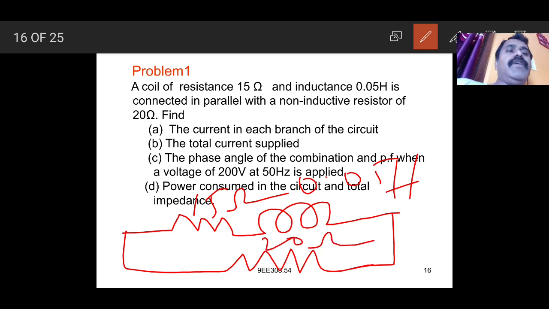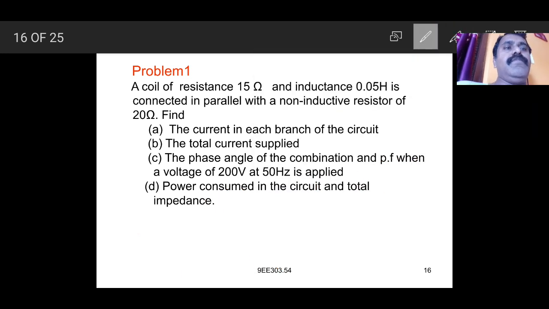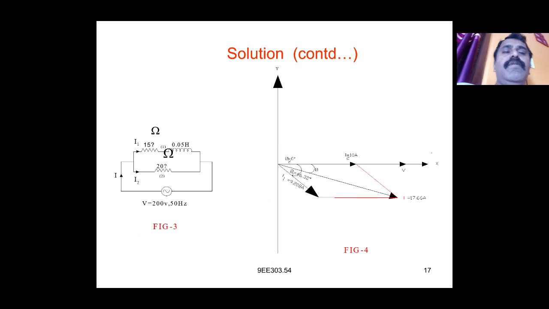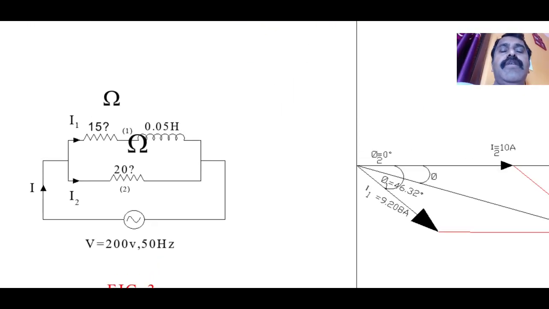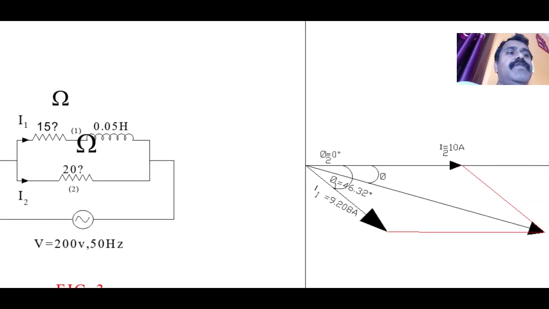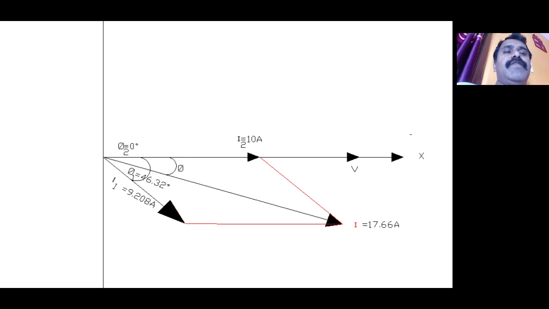So we have to find the current in each branch of the circuit. The 15 ohms is connected with, and again connected to, the 20 ohms resistance. The voltage we are applying, and this is the phasor diagram given.